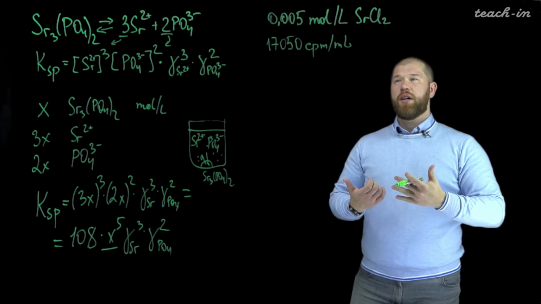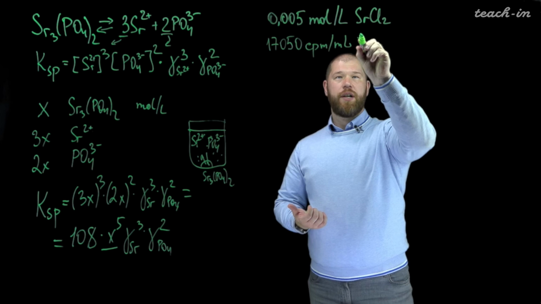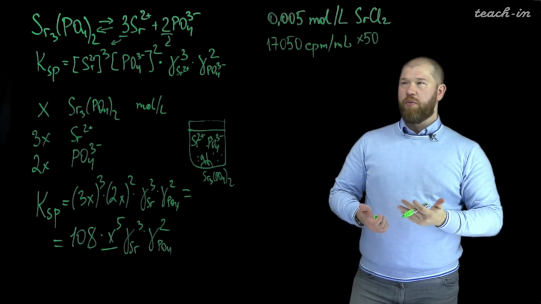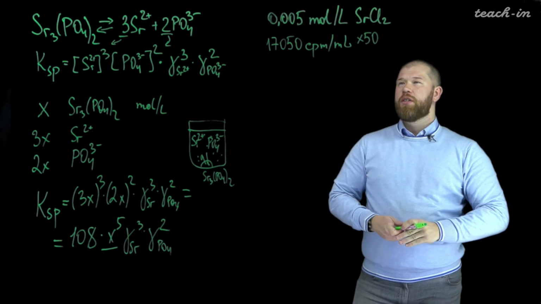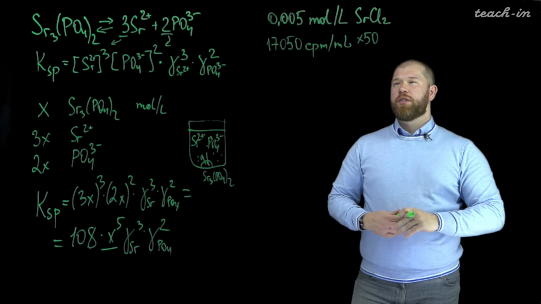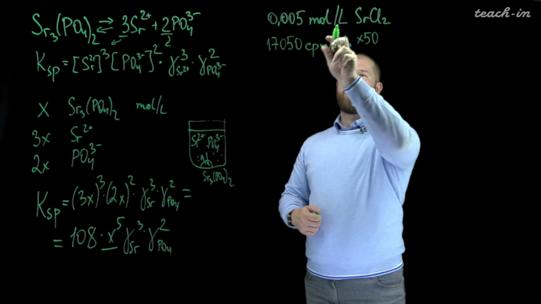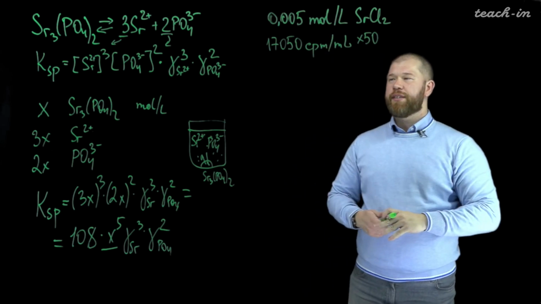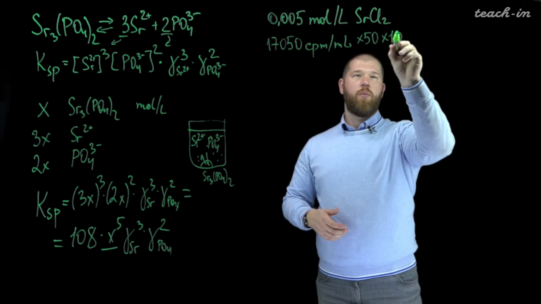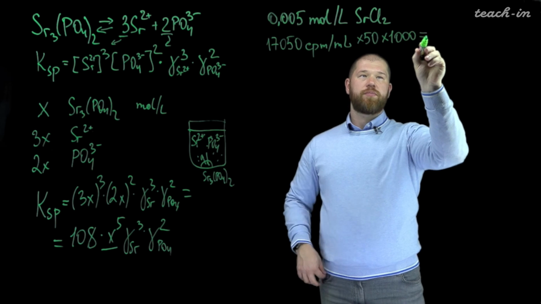Thus, we have to multiply it by 50 to know the real activity of the solution, and we will express it also as CPM per liter to have the same dimensions. So we will multiply it by 1000.